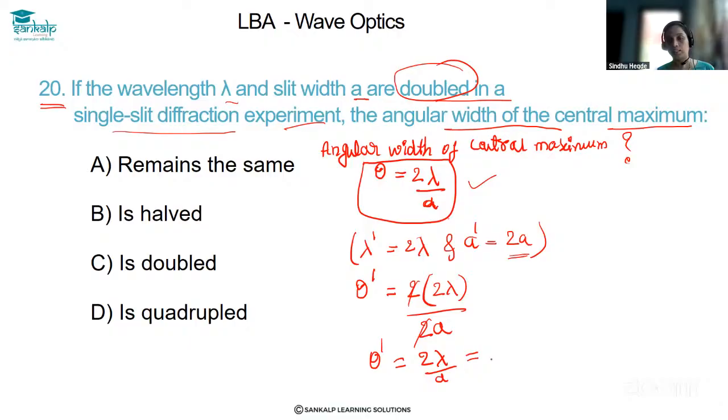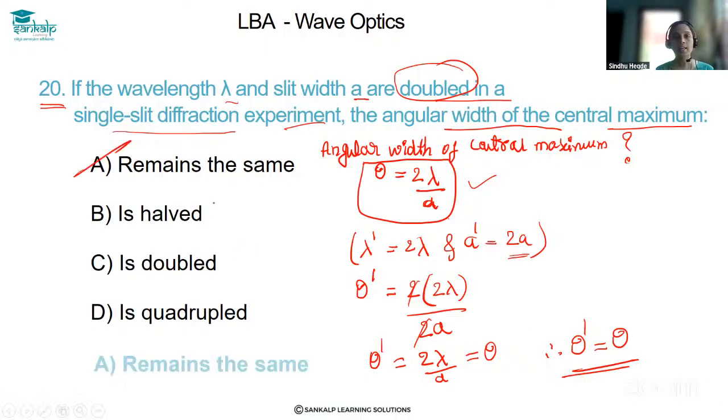Hence, we can conclude that theta dash is equal to theta. Both are the same. When lambda and A are doubled, the value still remains the same. Hence, the correct option is option A, remains the same. Thank you.